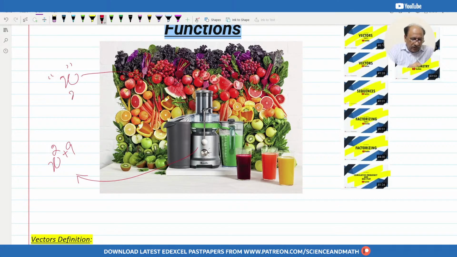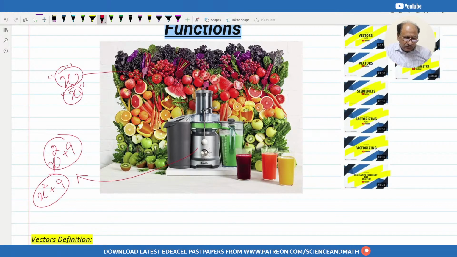If we put in another x, it will give us another x square plus 9. So for each x, whatever we put into this mathematical machine, it will give us output according to its function. Like in this case, it will give us output as x square plus 9.